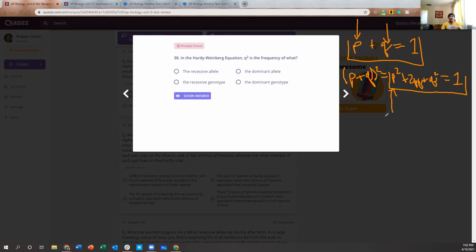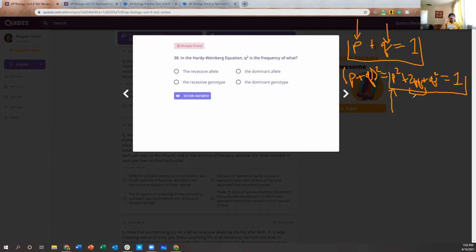If you're in math and you've studied binomial probability distribution, you know that P squared is like picking the dominant allele twice. And if you have the dominant allele twice, that's homozygous dominant. So this is the frequency of homozygous dominant. 2PQ is once again binomial probability.